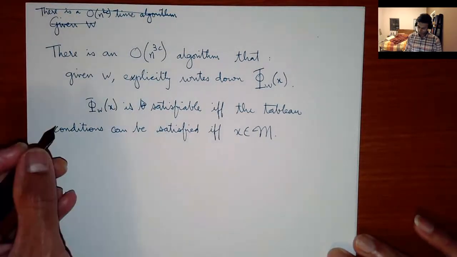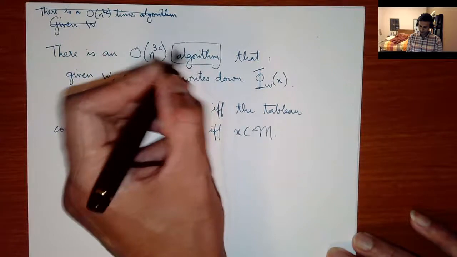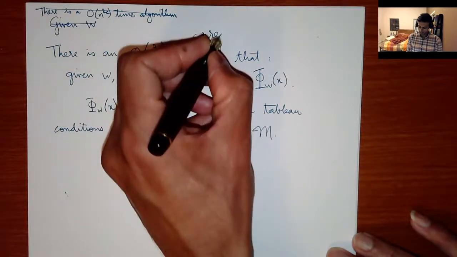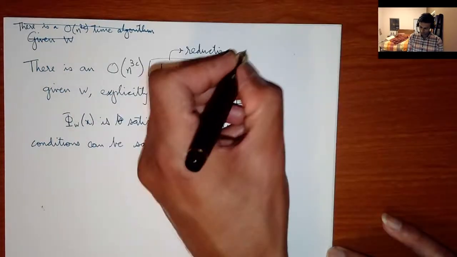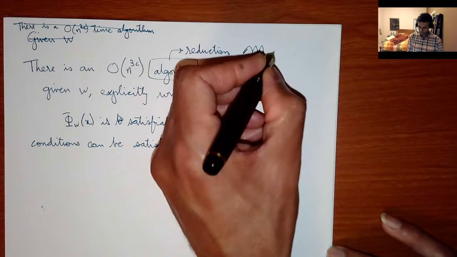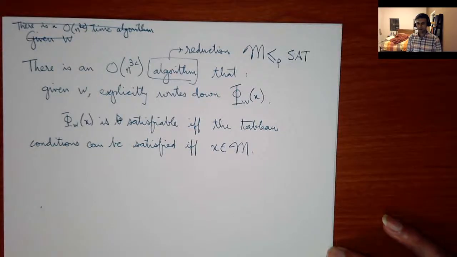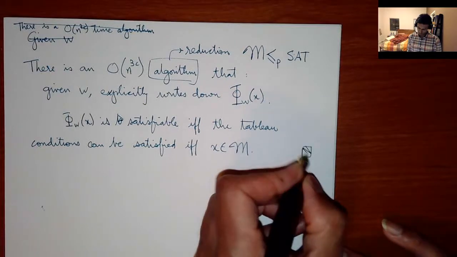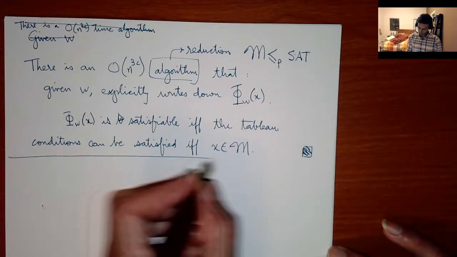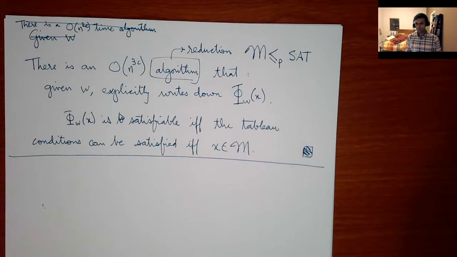Therefore, this algorithm is a reduction. It shows you that M can be efficiently reduced to SAT. And that would be the end of the proof. Okay, so this proves the Cook-Levin theorem. It proves that SAT is NP-complete.